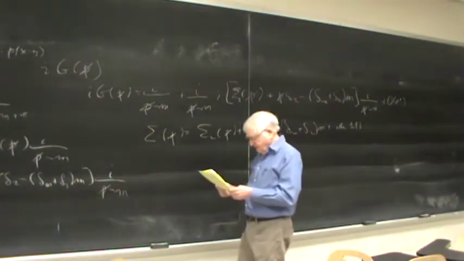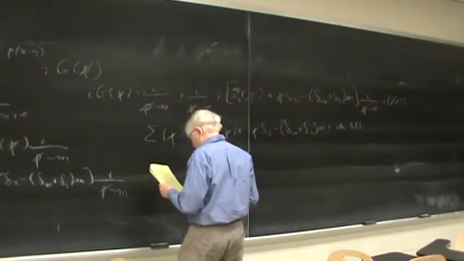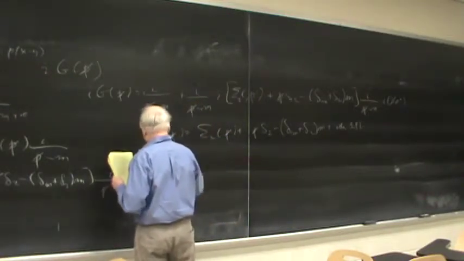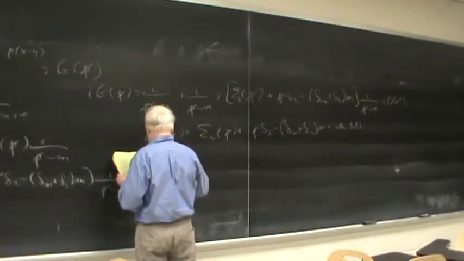So then what we can say is that the whole electron propagator will be i over p-slash minus m.